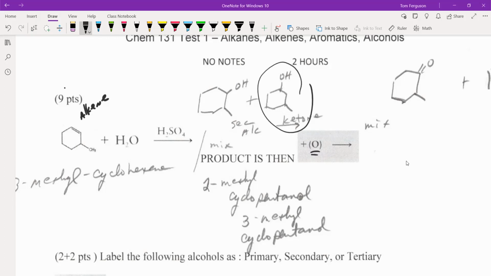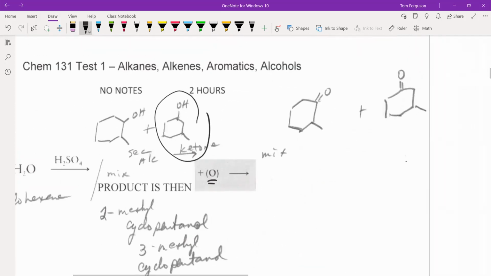Okay, so now we have a secondary alcohol. We're going to throw an oxidizing agent in it. That means the secondary alcohols are converted to ketones. So that's what we end up with over here. Right there. And to name these, it's a cyclohexanone. That means that automatically makes that carbon number 1.